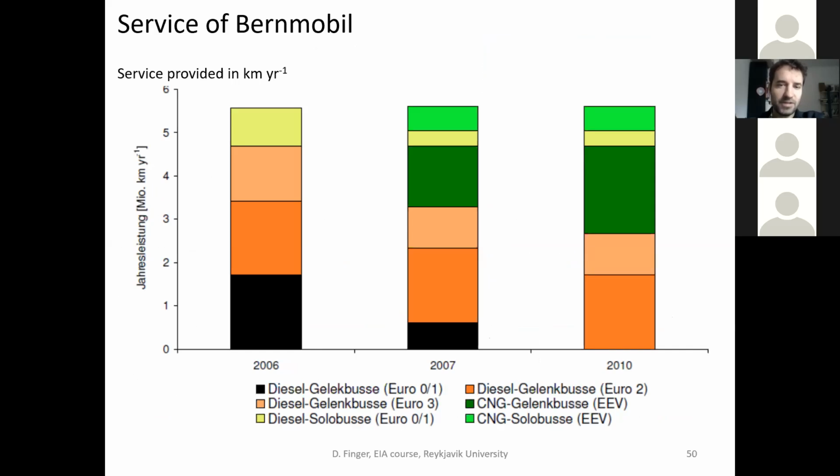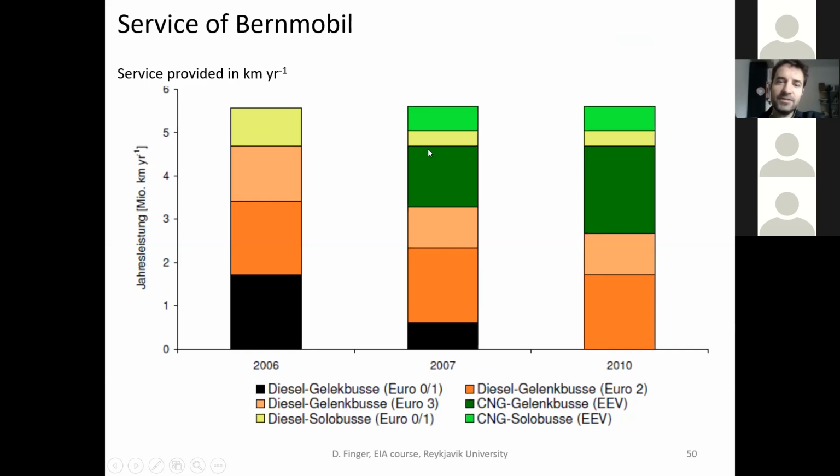In 2007, the service remained the same, but as you can see here, in 2006 all buses were diesel buses, and in 2007 the green part was replaced with methane buses or biogas buses.